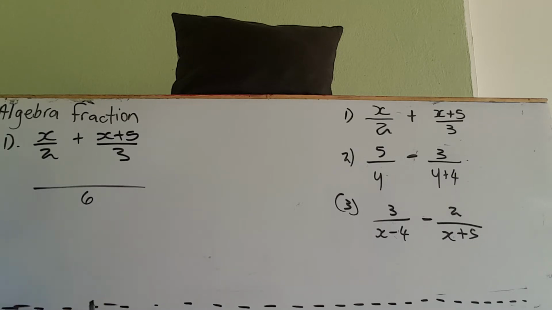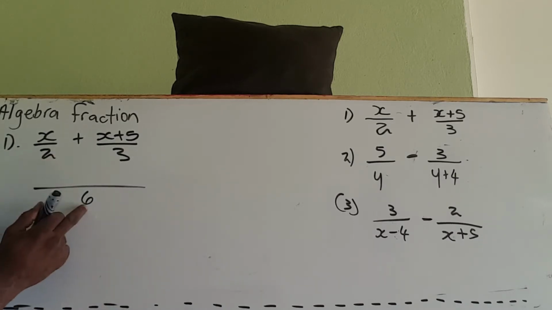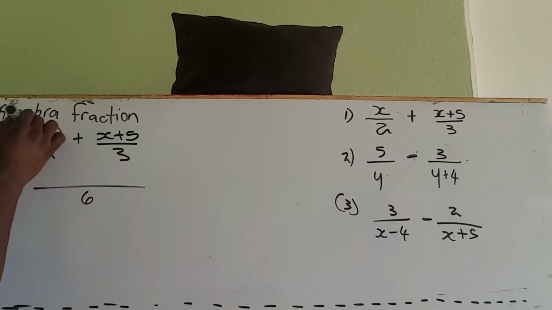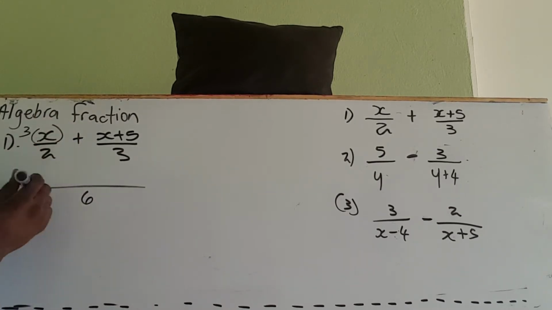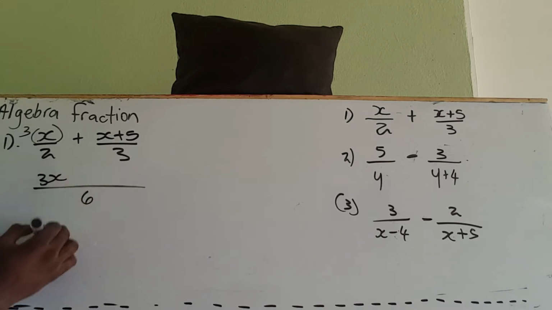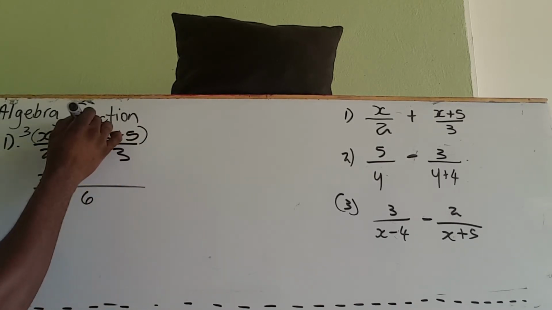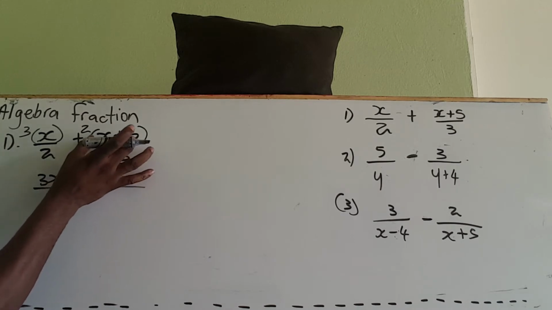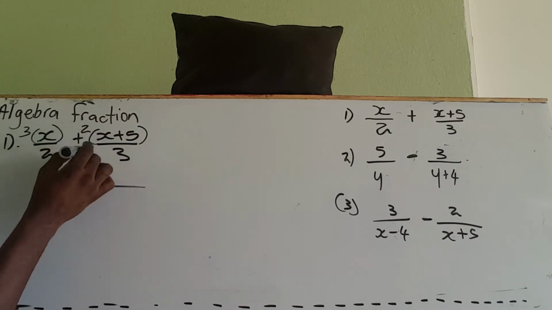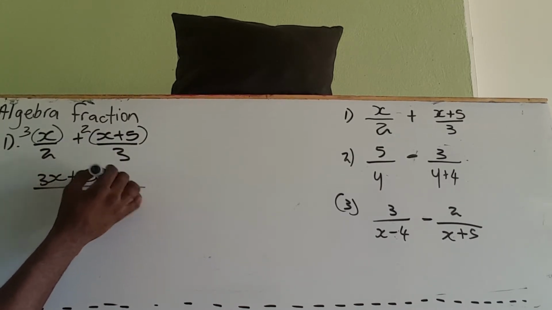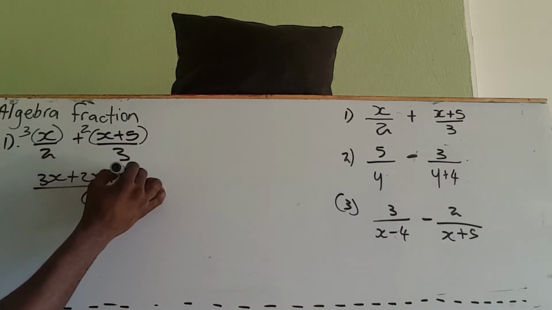So we're going to approach it just like how we do ordinary fractions. 2 into the 6, 3 times. So the 3 will be used to multiply by the x, and that is 3x. The 3 into the 6 is 2 times. So we're going to use the 2 to multiply by this binomial there. So this is going to be 2 times x, it's 2x. 2 times 5, that's 10.